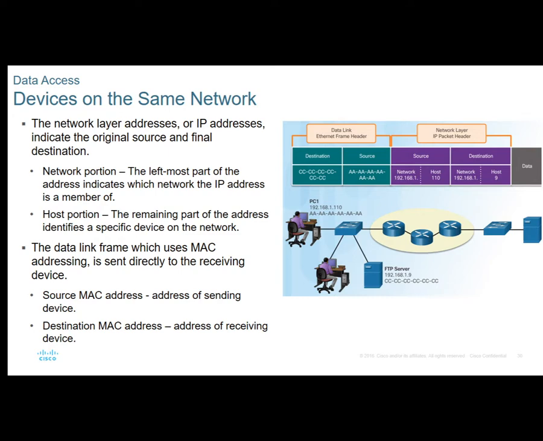Say the IP address is 192.168.1.10, okay? The network is 192.168.1, coming from host 10, and it's going to host 9. Yeah, it's going from host 10 to host 9.